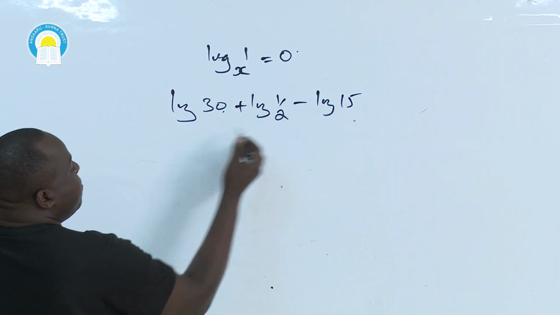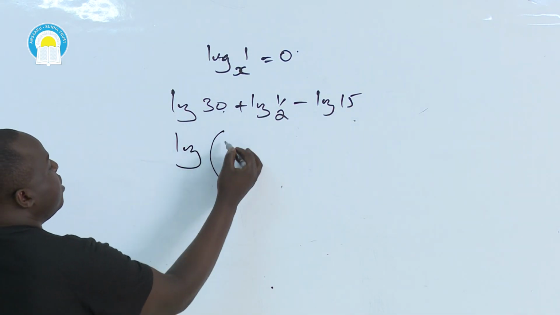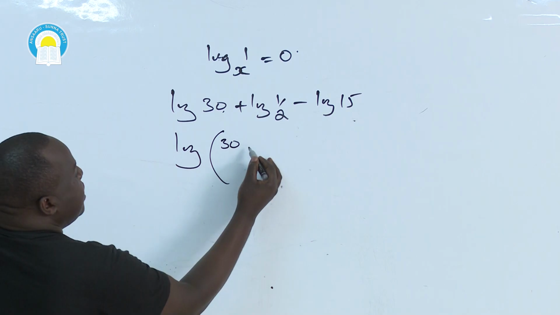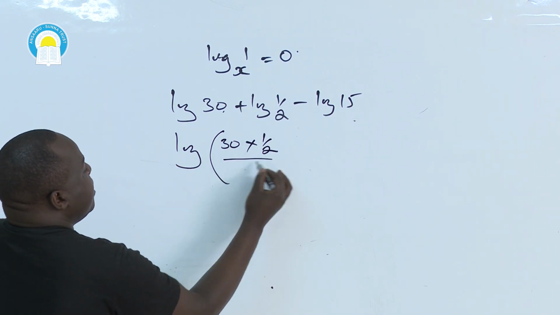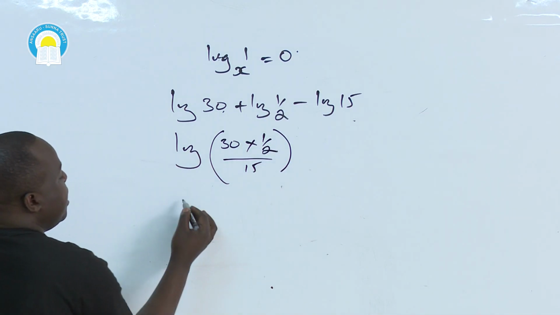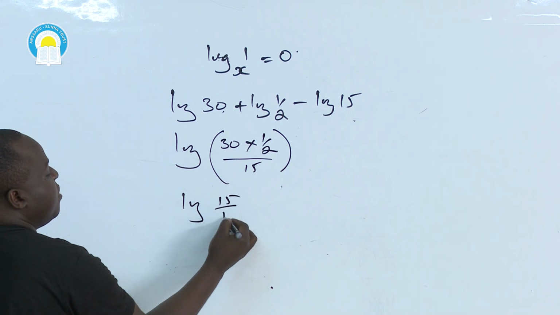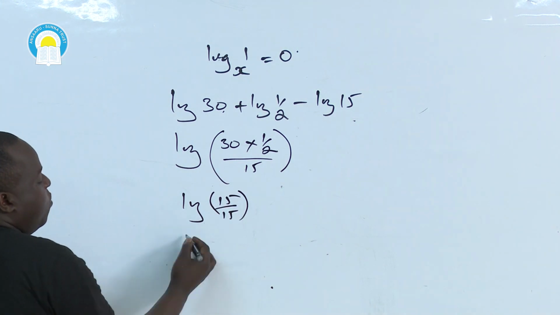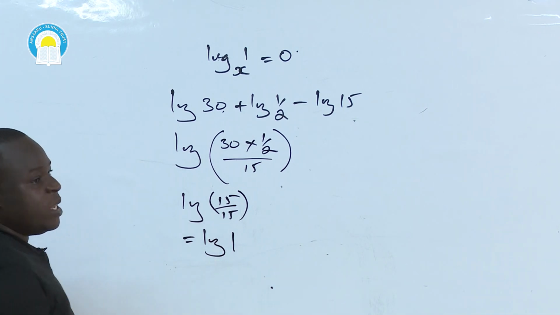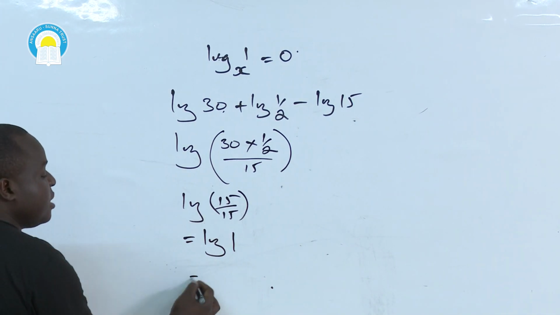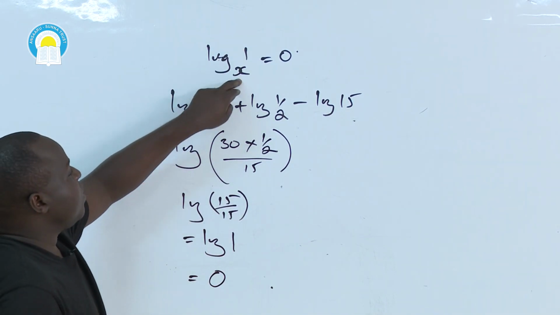So this as a single log is log of 30 times a half, then divided by 15. And this clearly is 30 times a half, which is 15, divided by 15, which equals log 1. So if you write your answer as log 1, you're actually wrong. The correct answer is supposed to be 0, because as I already explained, log 1 to any base equals 0.